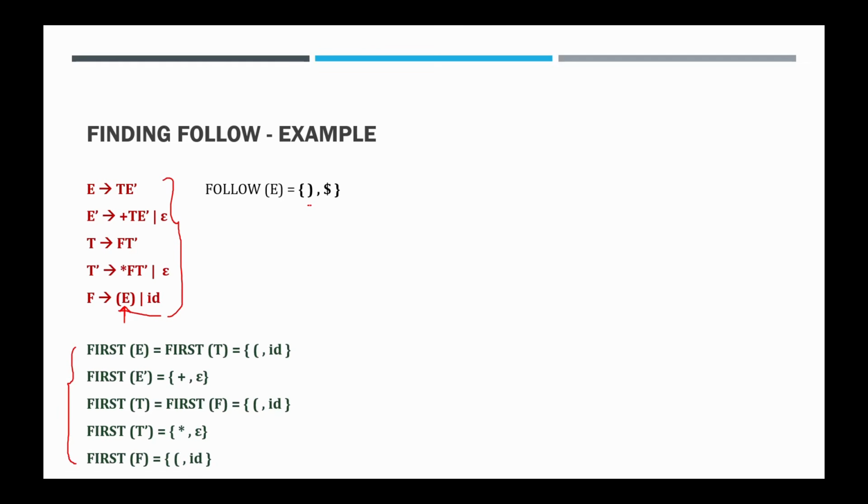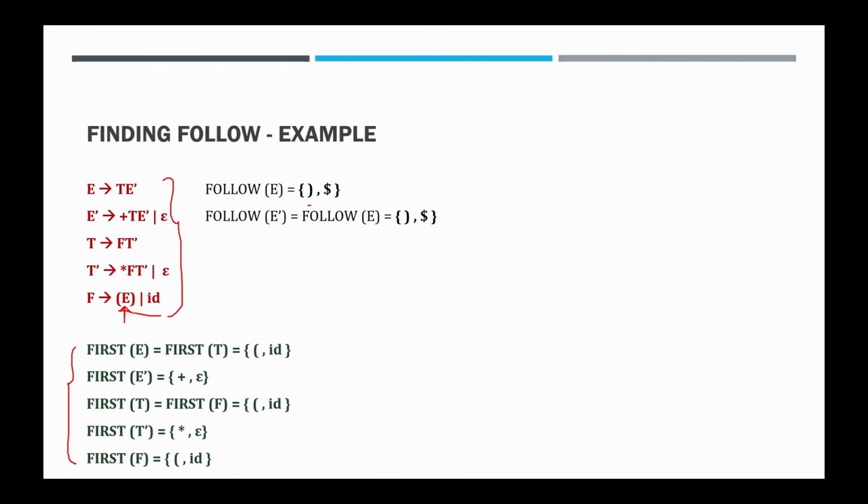E. So E is in the last production, go to that last production, then see the non-terminal symbol E and just see do we have any other symbol immediately after it. Yes, we have, that is the close parenthesis that we have here.